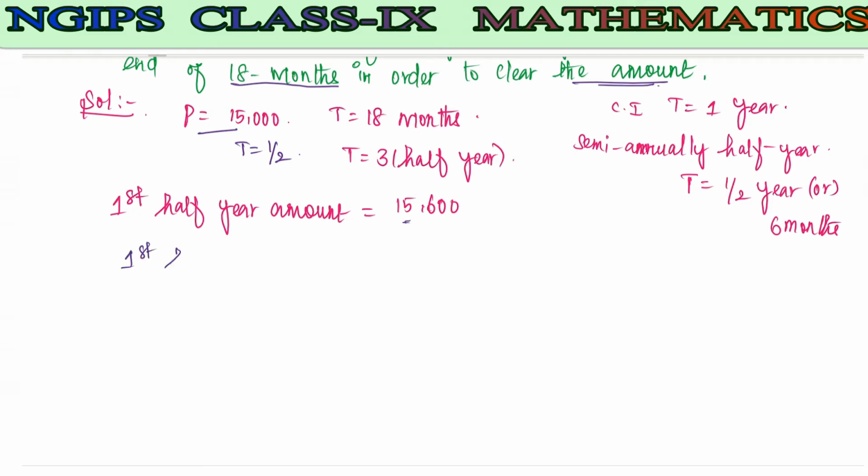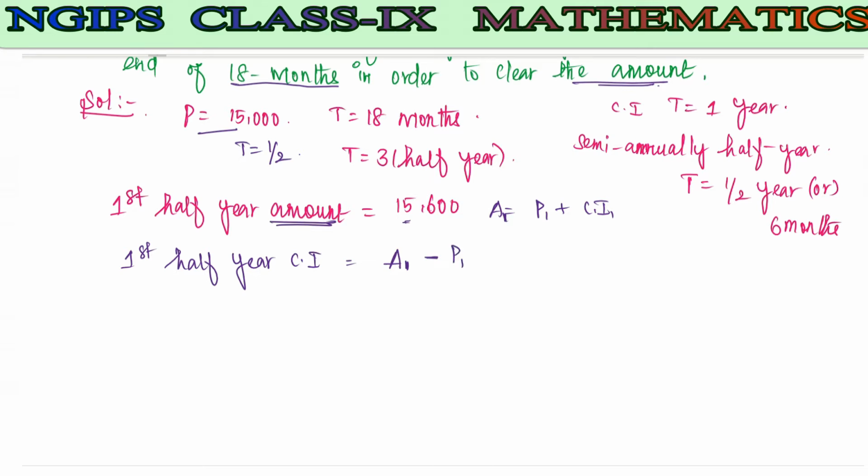First half year compound interest. The first half year amount is equal to first year principal plus first half year compound interest. So I can write first half year amount minus first half year principal.